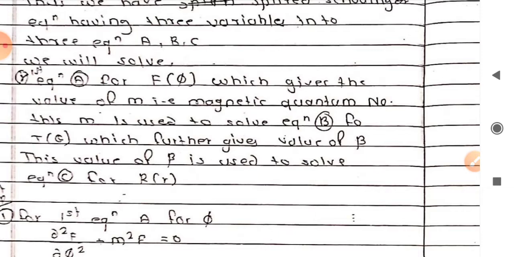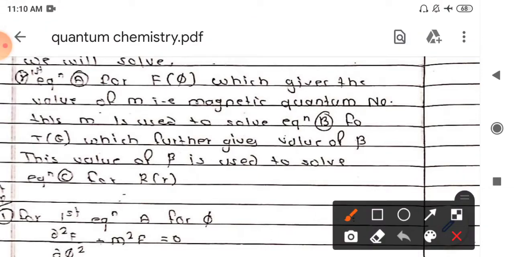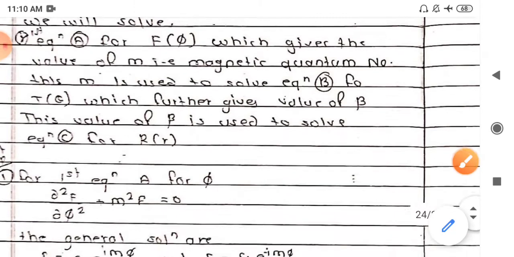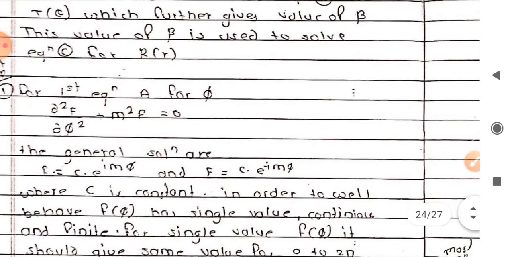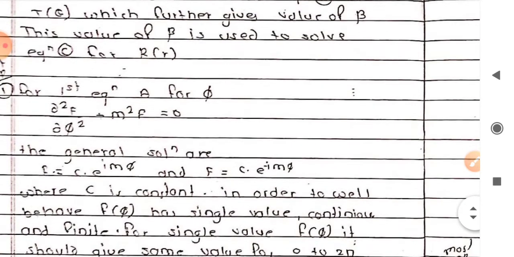Similarly, for the t equation we obtain the azimuthal quantum number. The solution of the t equation depends upon beta, and beta in turn depends upon the azimuthal quantum number, that is L. So we are left with only the R equation.